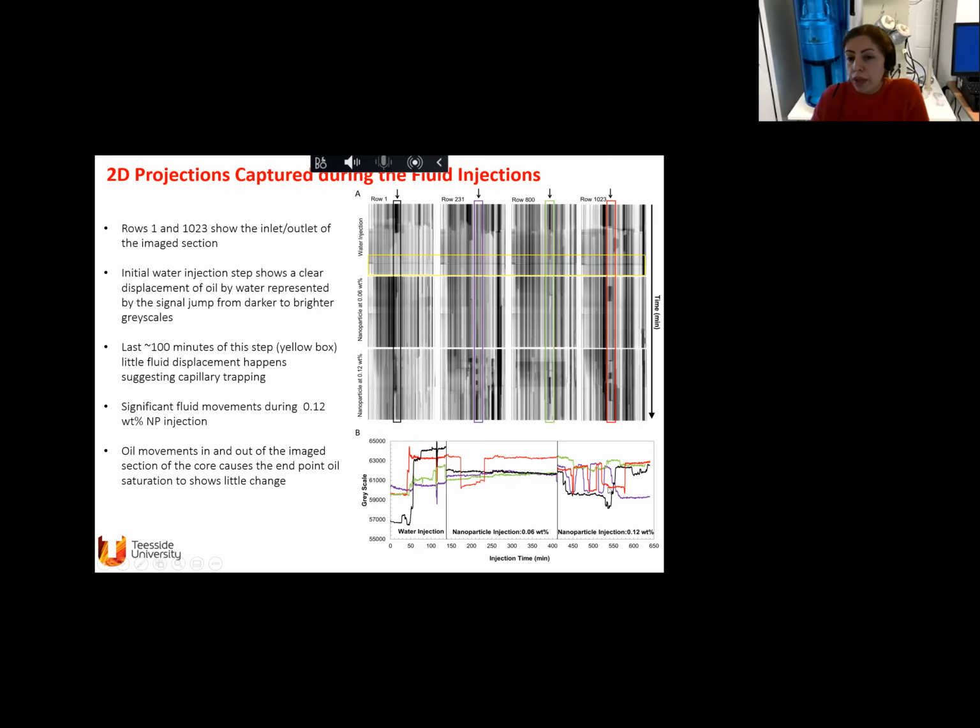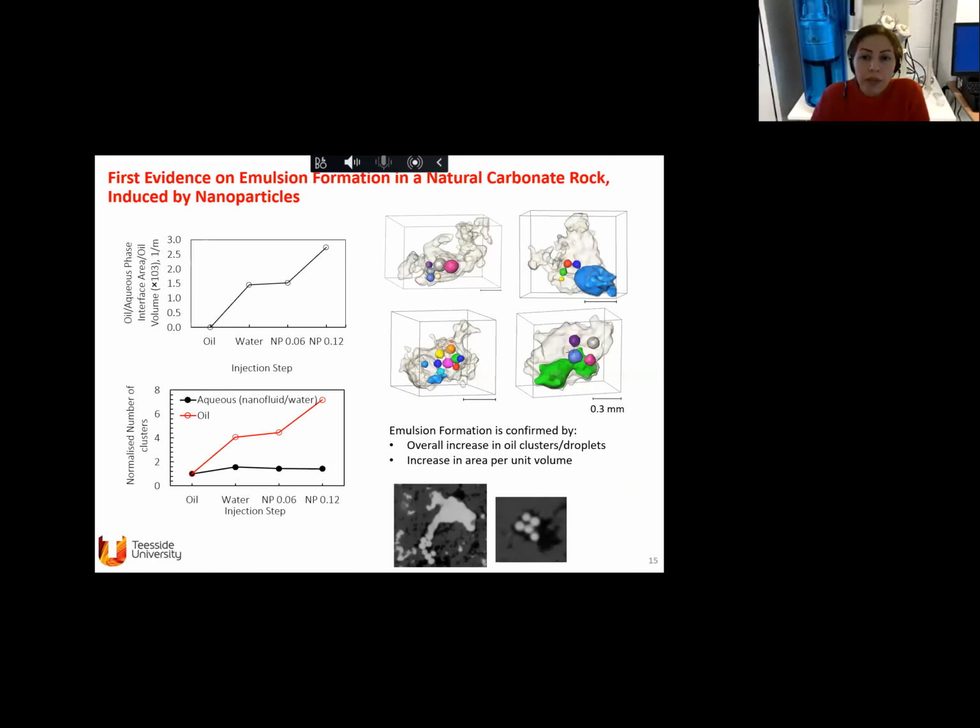All over the core, you can see fluid movements. If you didn't have this, you would miss all of that movement and dynamics. Overall, by looking at this plot, you can see that the higher concentration has been able to create that environment and ease the capillary trapping.